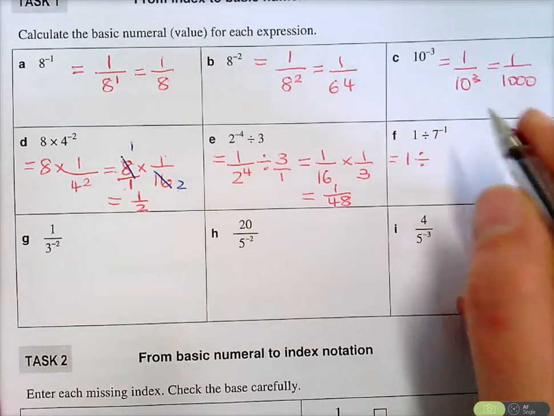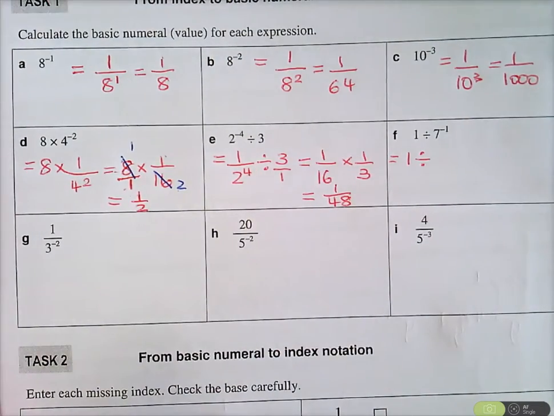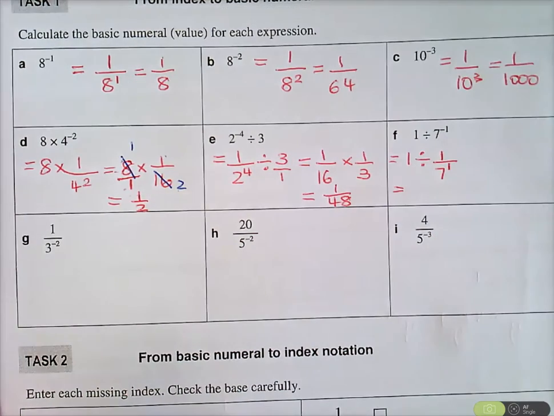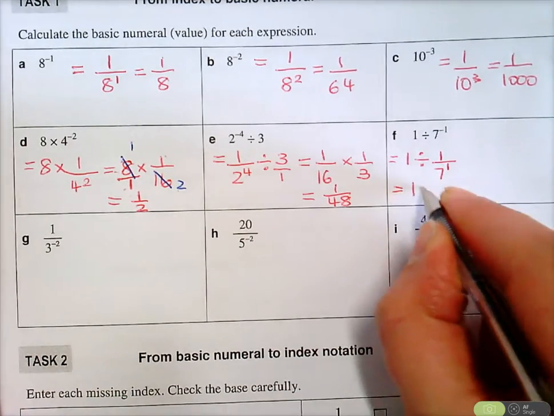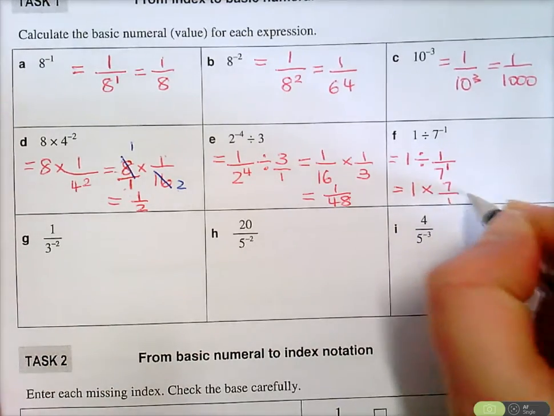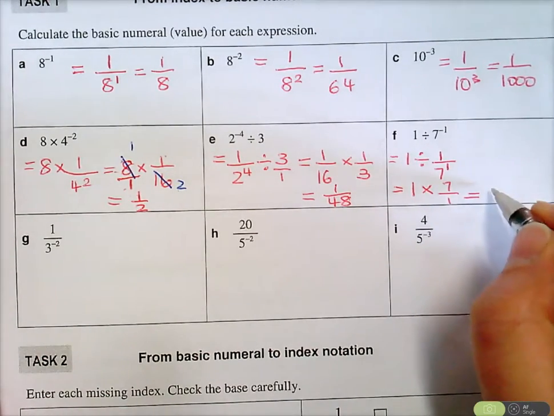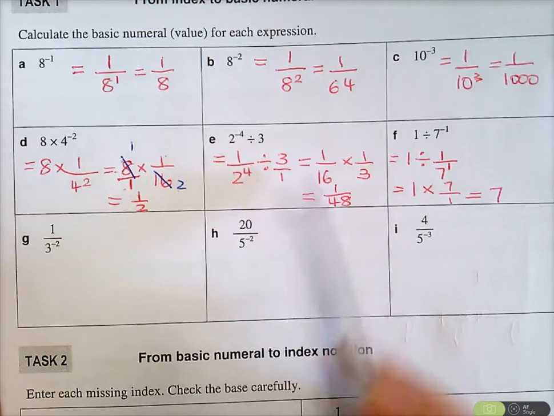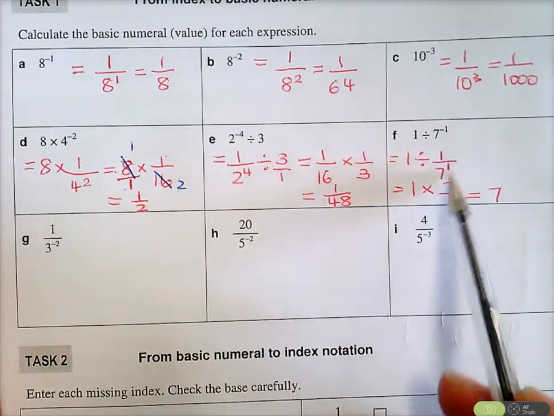1 divided by 7 to the negative 1. How do we write 7 to the negative 1? 1 over 7 to the 1. Girls, this is a division problem. I don't want to see division with fractions. Keep, change, flip: 7 over 1. What's 1 times 7 over 1? 1 times 7. Girls, no division problems with fractions, whether the first number's the fraction or the second number's the fraction.